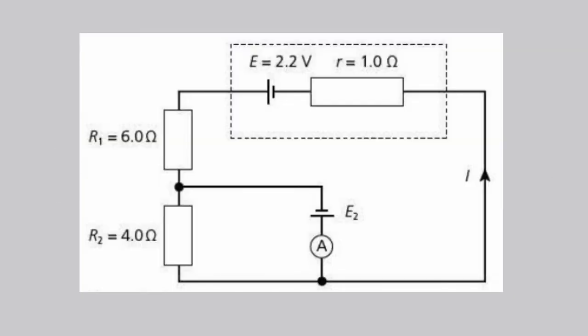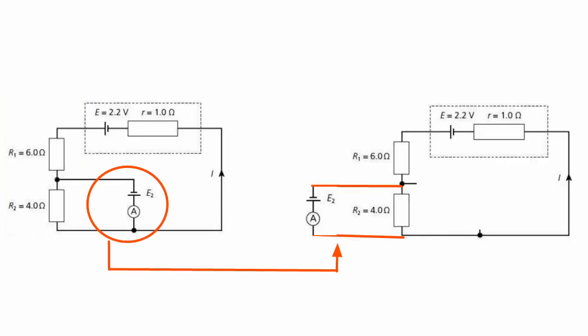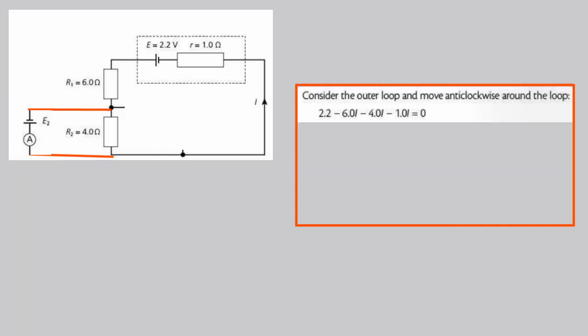The figure shows a circuit. Calculate the EMF of cell E2 for the current through the ammeter to be 0. To make it easier, you can manipulate or modify the picture. Now, consider the outer loop and move anticlockwise around the loop. 2.2 volt minus 6 times I minus 4 times I minus 1 times I equals 0.